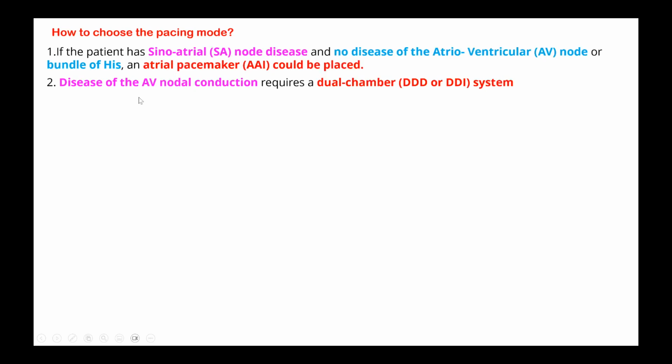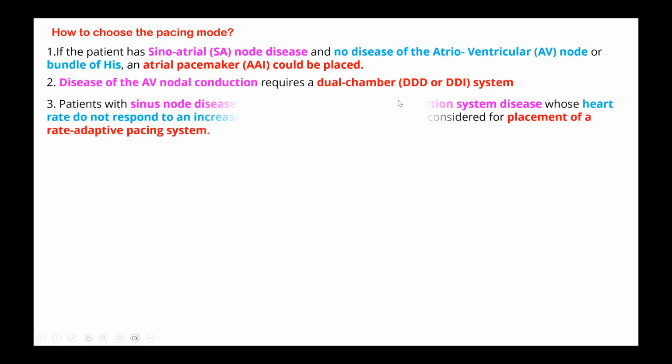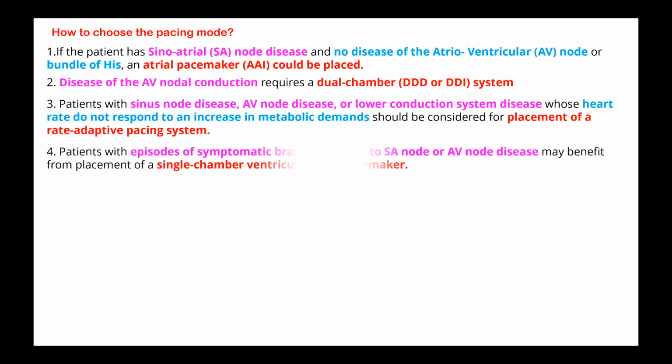And if the disease is in the AV node or conduction, then a dual chamber system is required. If the patient has sinus node disease, AV node disease, and lower conduction system disease, that means the entire conduction system is damaged, and the heart does not respond to an increase in metabolic demand, placement of a rate adaptive pacing system is indicated. So earlier we saw the four modes of pacing, and now we are seeing the clinical implications or indications for them.